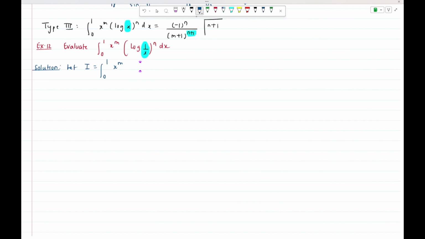So this is the integral from 0 to 1 x raised to m, and by logs we know that log of a over b is log of a minus log of b. So this is going to be log of 1 minus log of x, raised to n dx. So this gives us the integral from 0 to 1 x raised to m, and we know that log of 1 is 0. So we will have only negative log of x whole power n dx.